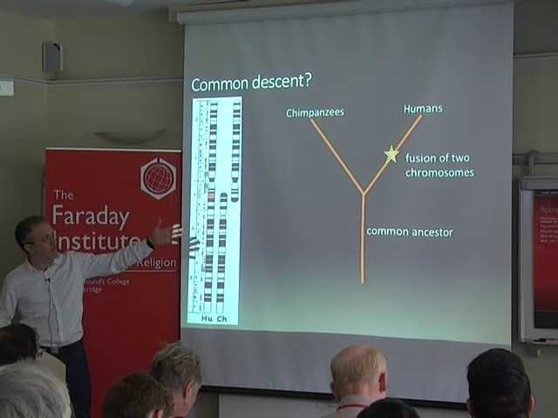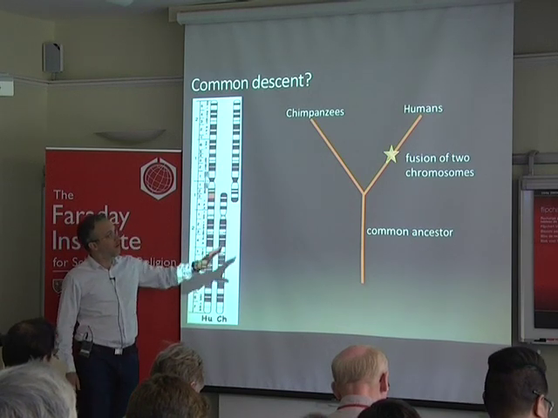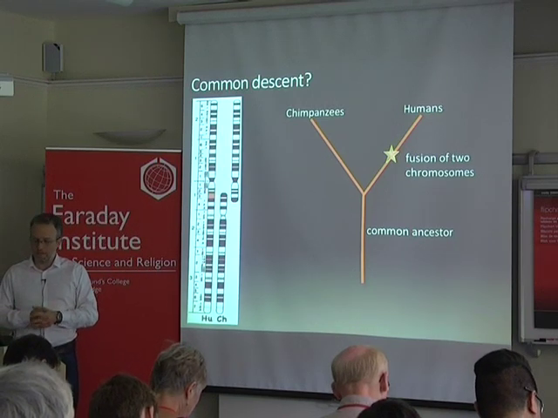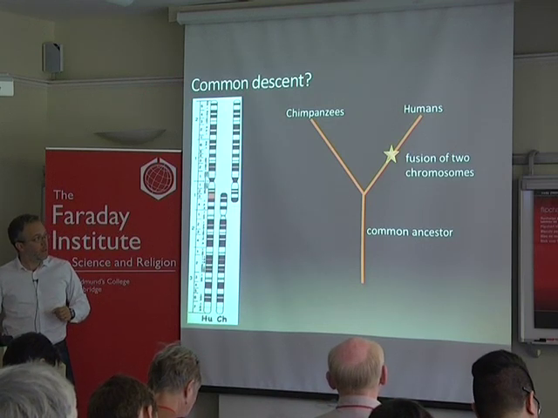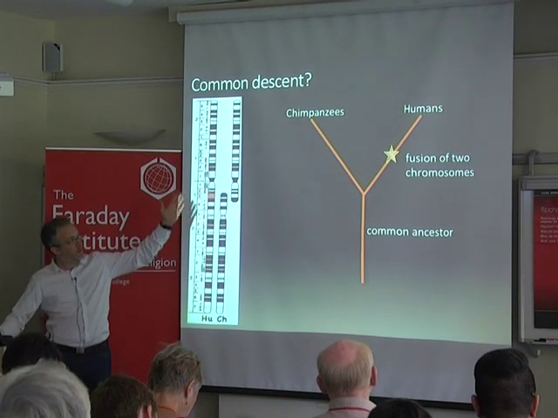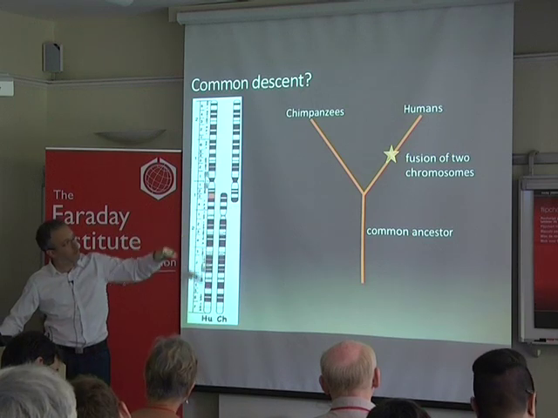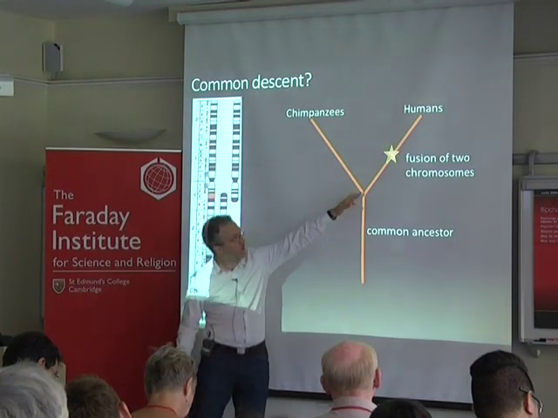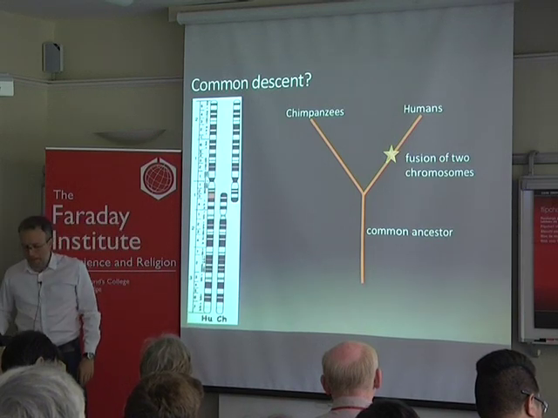So if we sketch that, it really seems that between chimpanzees and humans, we have a common ancestor that is thought to have lived maybe 6 million years ago. Then evolution branches, one branch up to the chimpanzee and the other to humans. But at one stage during this evolutionary history, we have this fusion of these two chromosomes.